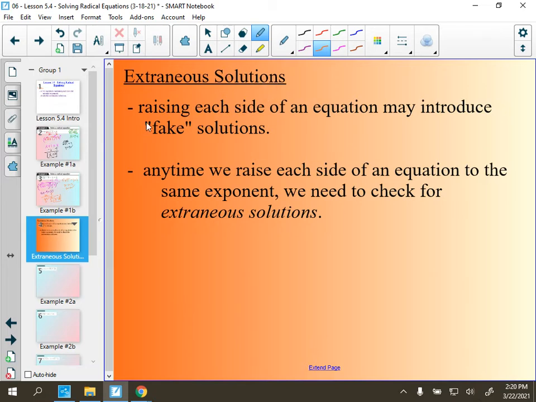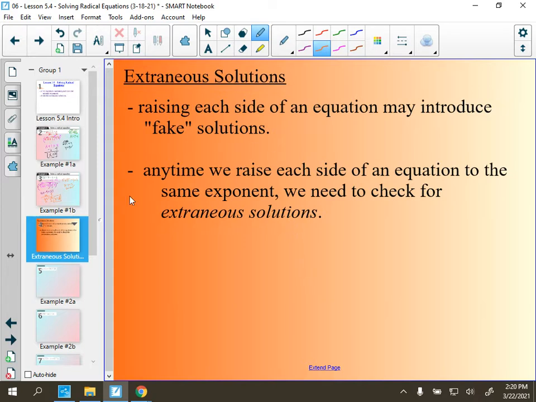Well, basically, when we raise each side of an equation to a power, when we hear extraneous, we can think of a fake solution. You maybe create a circumstance where originally there wasn't a solution, or there was only one solution, but you end up with two solutions, and only one of them is correct.